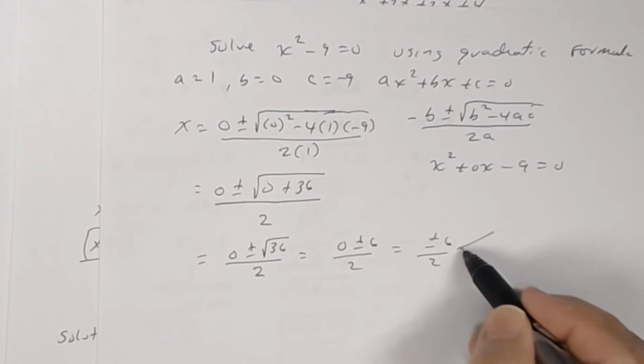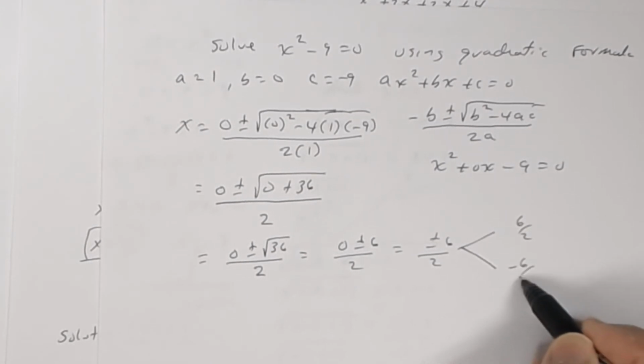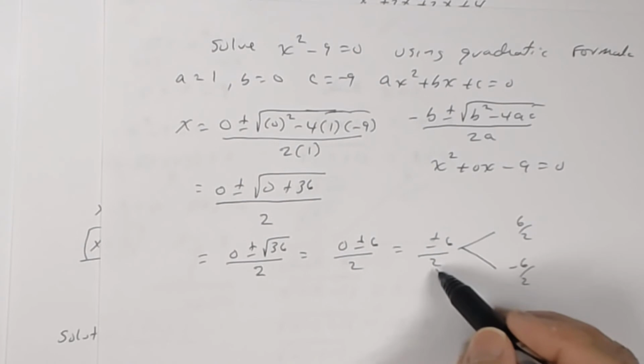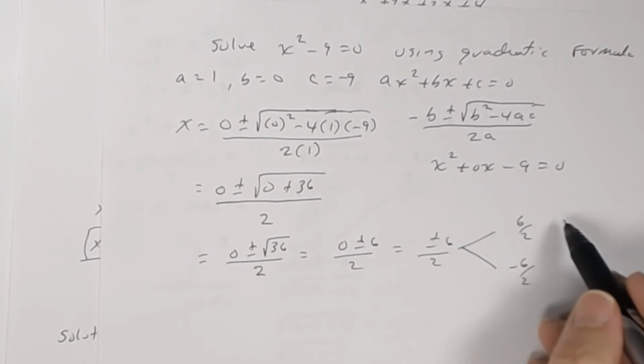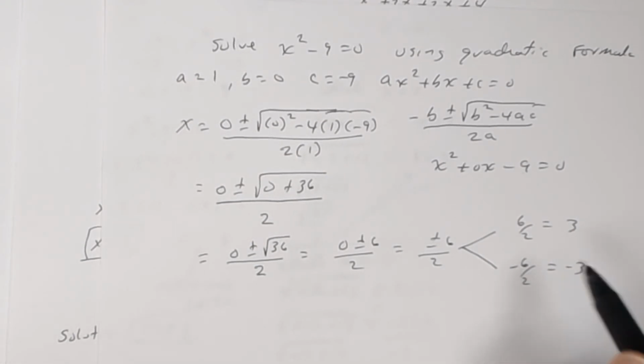And so now we have these two rational solutions, 6 divided by 2 and negative 6 divided by 2. So a positive 6 divided by 2 and a negative 6 divided by 2, which gives us 3 and negative 3. So you can use the quadratic formula instead of factoring to solve this quadratic equation. All right, so that was number 3.